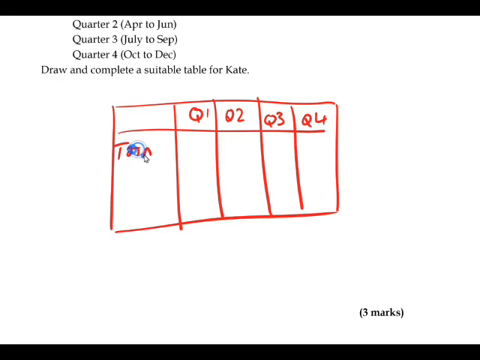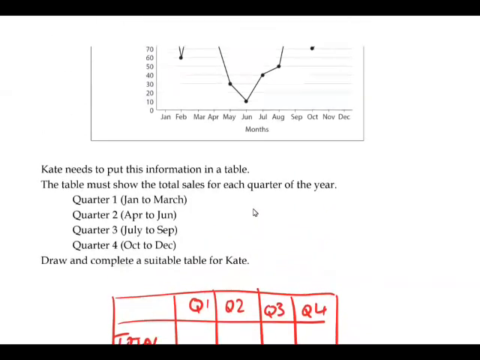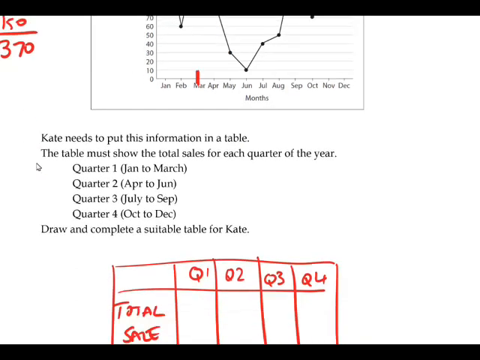So this will just be total sales, and we'll go across that way, and I presume they're in pounds. So going back, we have to add up each quarter. So January, February, March finishes here. So we need to take the readings for January, February, March. And we have 160, 60, and 150. So we're going to add them together. And the total sales is 370 for that quarter.